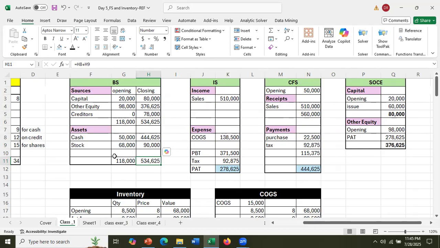So this is one of the methods of inventory reporting, FIFO. In the subsequent classes, we'll change the method, or in other words, examine the impact of other methods: weighted average, specific identification, standard cost, retail price methods, and see the effect on the financial statements.